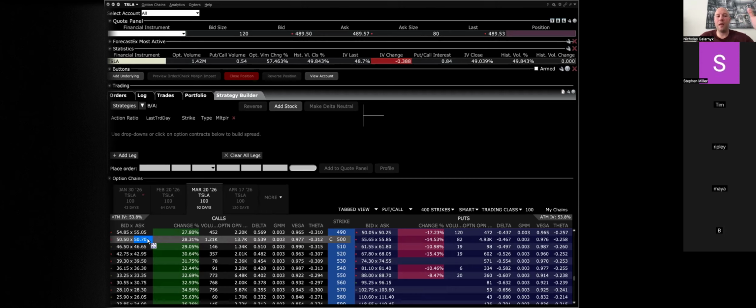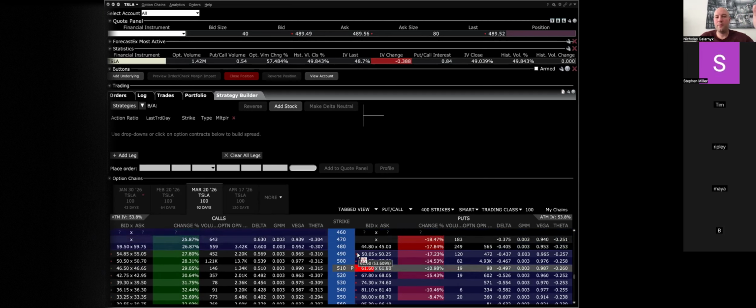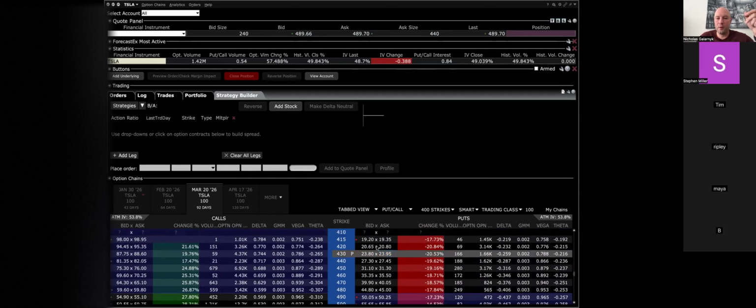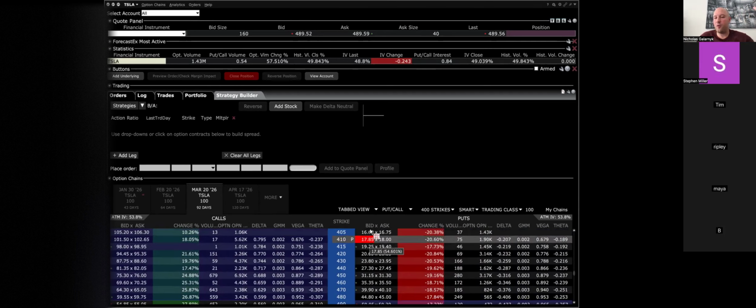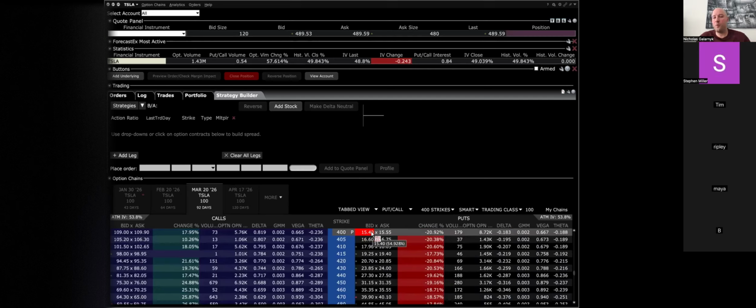So let's say, for example, you sell this covered call at 500, you pull in $5,000 per position, and you use that premium. You can buy, for example, the 450 for $30. You can buy the 400 for $15 if you wanted to.